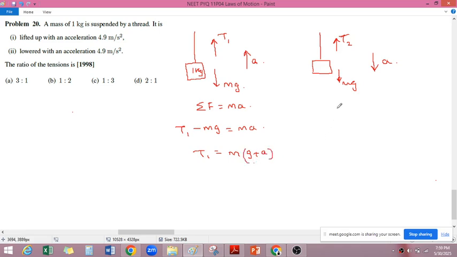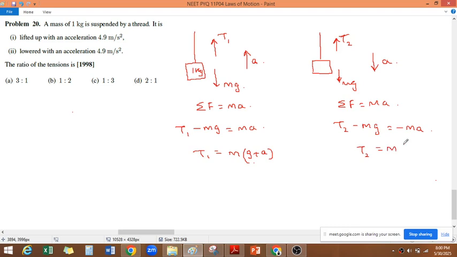When it is lowered downwards, it will be minus ma because it is coming down. So T2 is equal to m(g minus a).